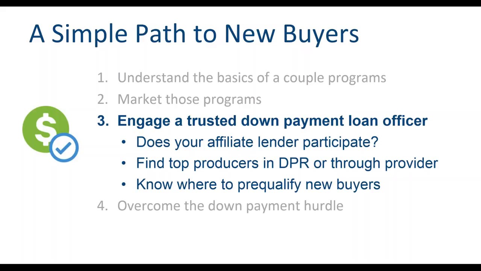Go out and make sure that the realtors and brokers you want purchase business from understand that you do these down payment programs, you do them well, you have relationships with the program administrators, you can get these buyers through the pre-qualification process and get those realtors' clients back, ready to go look at homes and contract. And you can also go to the program administrators, realtors, and you can look for the top producers there.